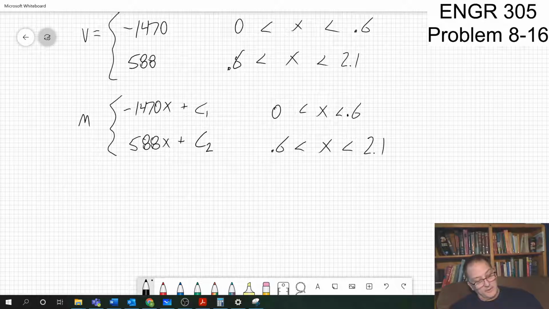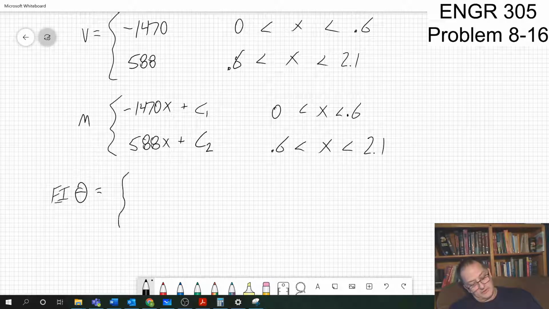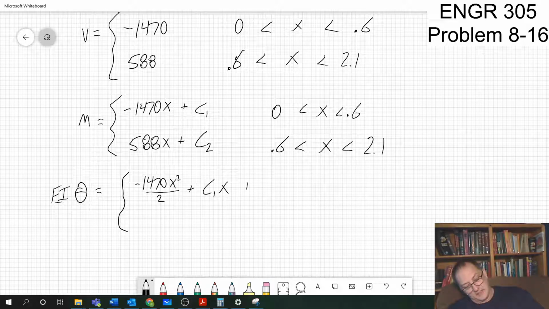Keep going. It's not theta, it's EI theta, is equal to minus 1470 x squared over 2 plus C1x plus C3. That first equation is going to have the odd constants.